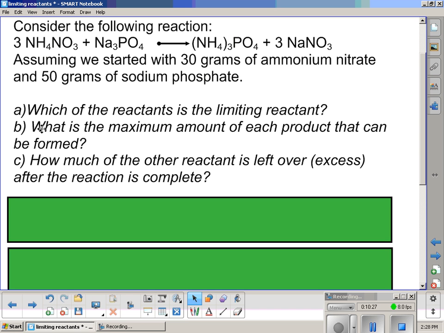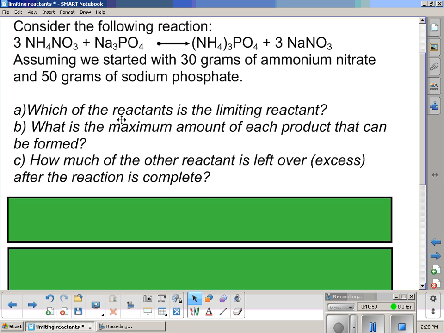And then in B, we're going to determine the maximum amount of each product that can be formed. And we know that that is determined by the limiting reactant, because once the limiting reactant is gone, we can't make any more products. Okay, and we're going to determine how much of the other reactant is left over, how much is excess after the reaction is complete.